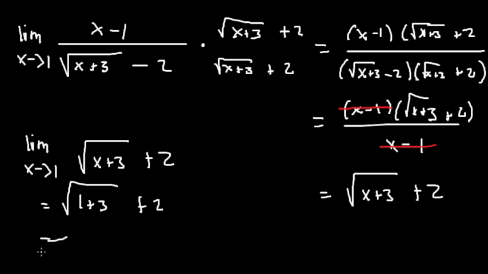Now, 1 plus 3 is 4. The square root of 4 is 2, plus 2. So our limit is equal to 4. That is the limit of the function x minus 1 over the square root of x plus 3 minus 2. So that's how you get it.